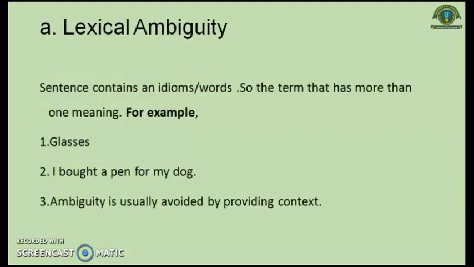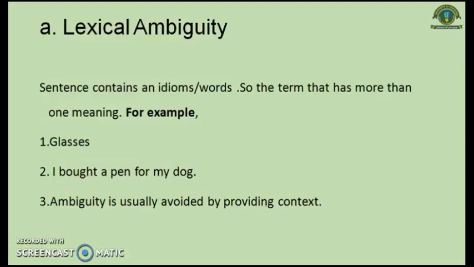First of all, I will discuss lexical ambiguity. When a sentence contains idioms or words, the term lexical ambiguity is used for words that give more than one meaning. For example, the word glasses gives 2 meanings: one for drinking glasses and the other for spectacles.